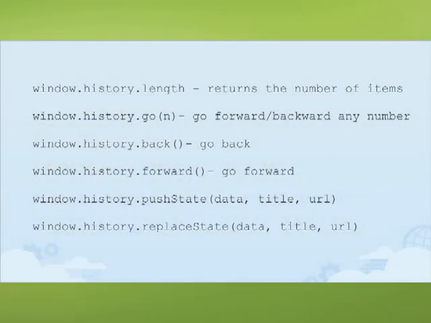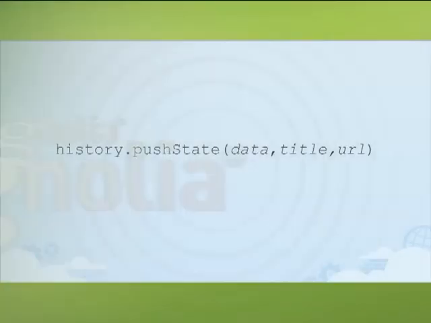Most of you are probably familiar with that. But what HTML5 gives us is a couple of new really neat methods, especially pushState and replaceState. And what these allow us to do is actually add things to the history and manipulate data inside those history items, which is something we never really had the ability to do before.